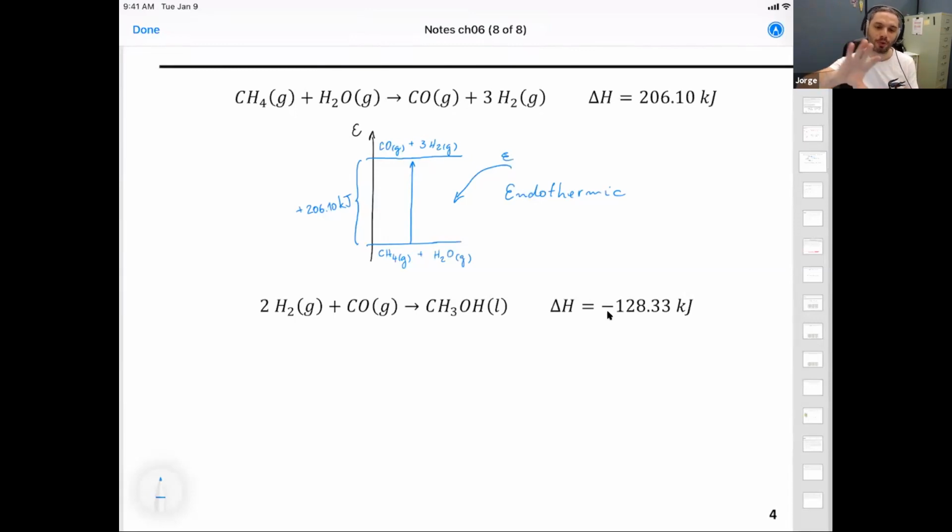Energy is being released from the system to the outside, and that's why the delta H is negative. And in this case, the reaction is classified as exothermic. Okay, so for now, we need to be capable of drawing the energy diagram, classifying the reaction as endothermic or exothermic, and correlating with the sign of the delta H.